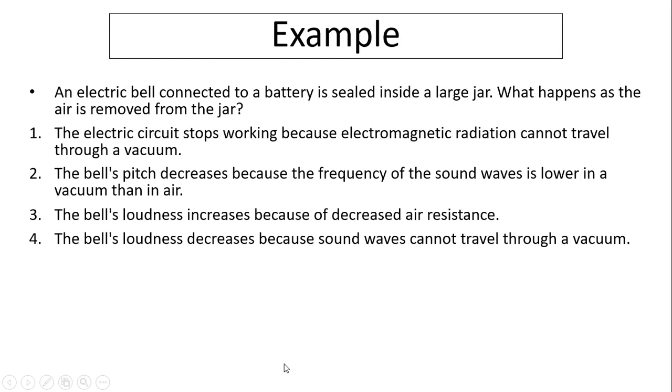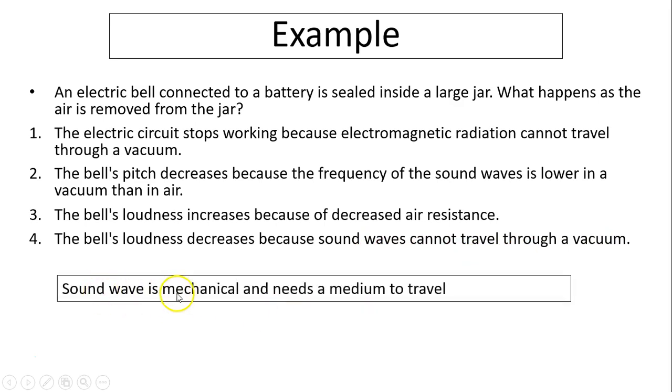Another example: an electric bell connected to a battery is sealed inside a large jar. What happens as air is removed from the jar? The electric circuit stops working, or the bell's pitch decreases, or the bell's loudness increases because of decreased air resistance, or the bell's loudness decreases because sound wave cannot travel through vacuum.